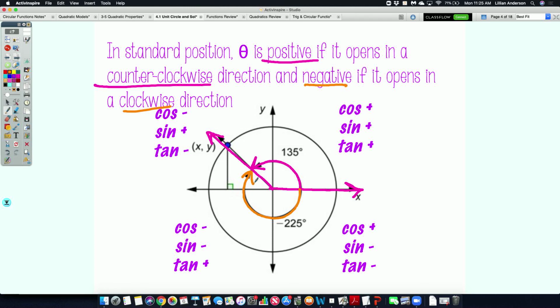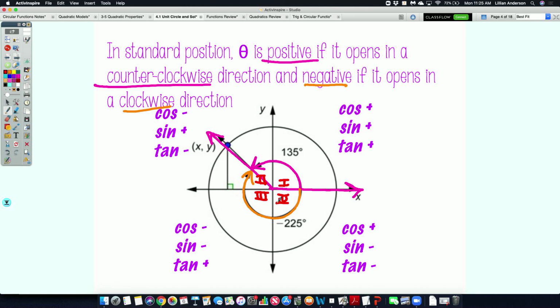Okay? And wherever that terminal side lies inside of the unit circle, don't forget these are quadrants. Okay, this is the first quadrant, this is the second, this is the third, and this is the fourth. So the same rules that would apply to any point that's in those quadrants apply here with your sine, cosine, and tangent of a particular angle.